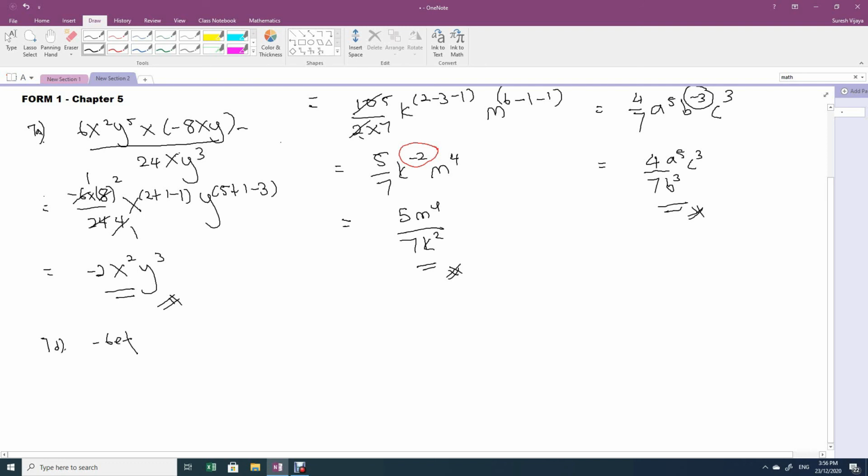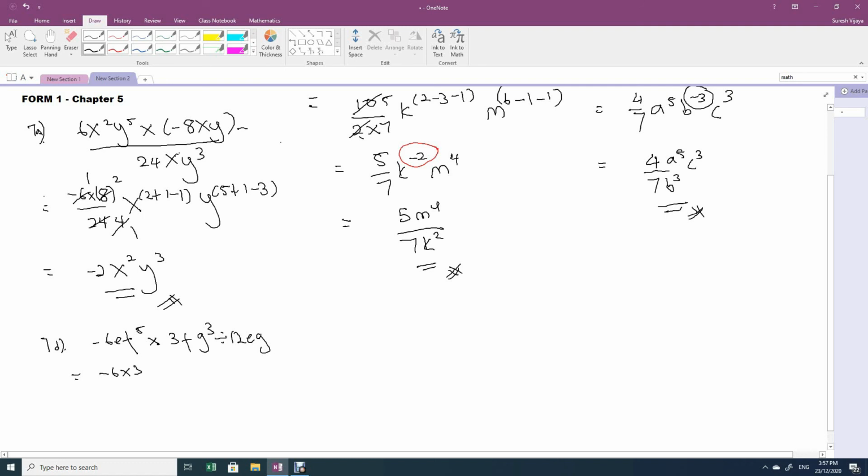Write down the question: negative 6ef to the power of 5 times 3fg to the power of 3 divided by 12eg. Okay, so how do we solve this?